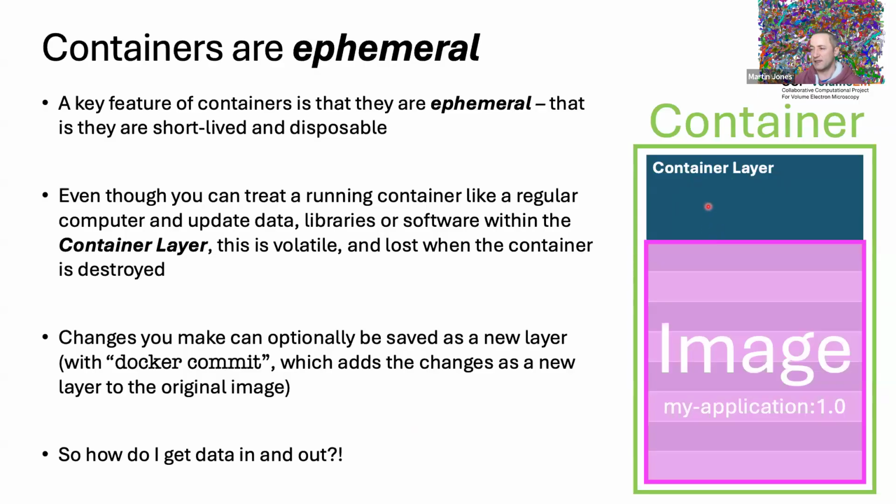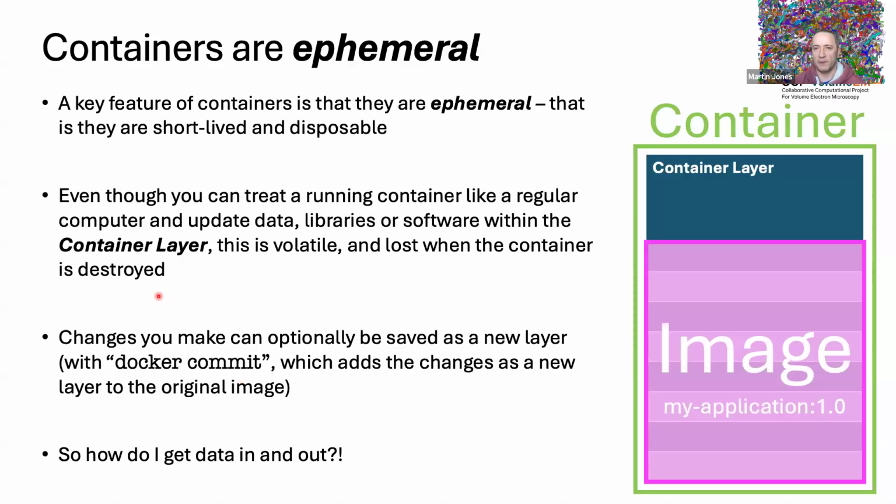So it's ephemeral. It's volatile and it's lost when you destroy the container. If you did something that you then wanted to save as a new layer, you can commit that new layer to become a new layer within a new image, which can be a useful way for building these containers in development.